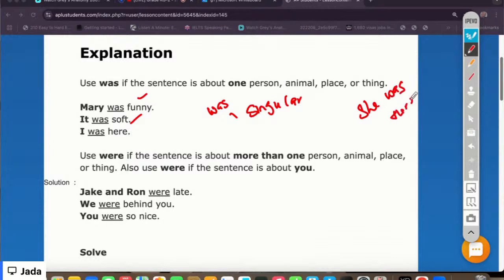And for the plural, use were if the sentence is about more than one. So for plural, more than one person, animal, place, or thing, you use were.